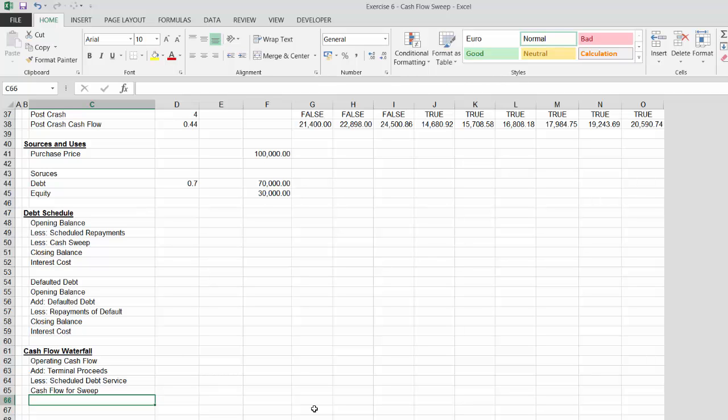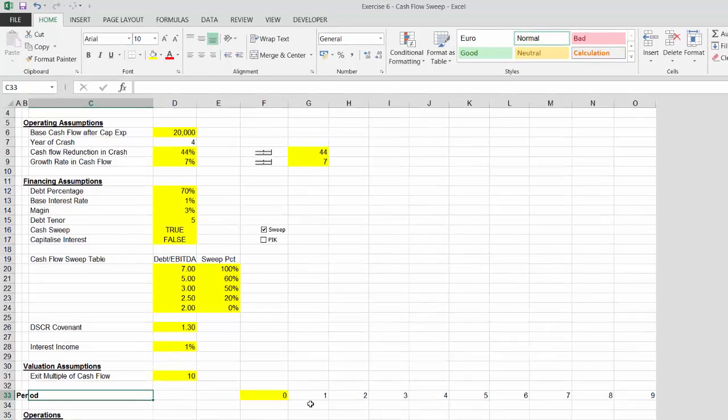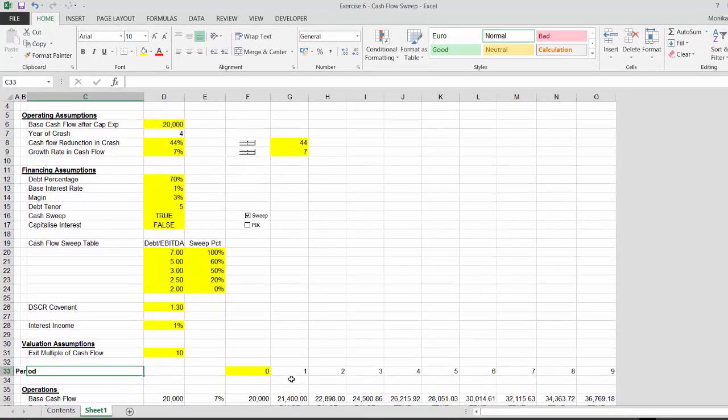And then here's what could happen after we get the cash flow for the sweep. If it's positive, we're going to sweep it.